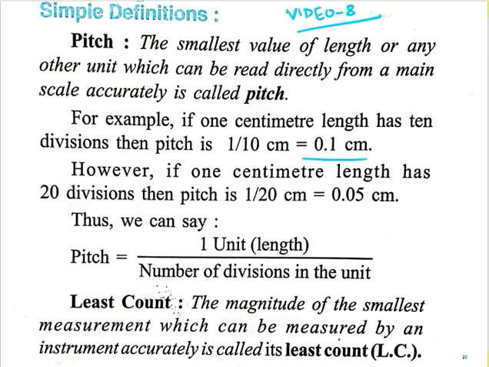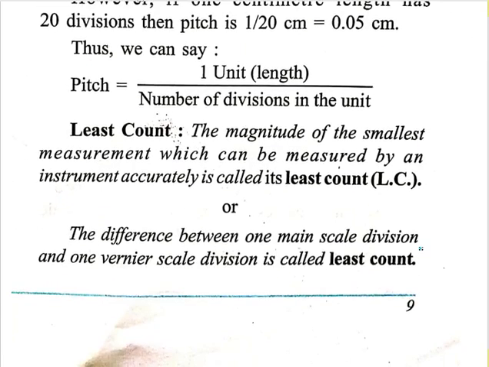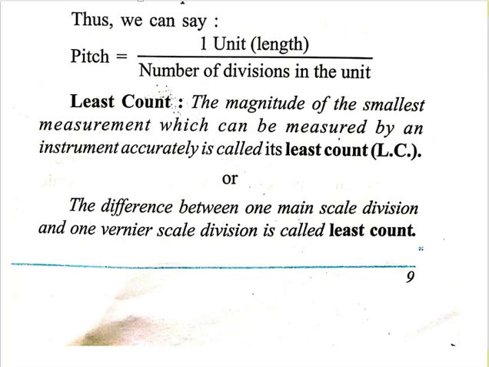Next we have our least count. These are all practical based. As in this online session we cannot do the practicals, so just understand it. So least count, just go through the definition. Least count is the magnitude of smallest measurement which can be measured by an instrument. It is the measurement of the smallest quantity that can be measured with an instrument, and that is called our least count.